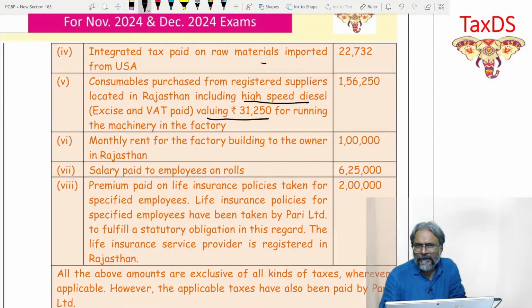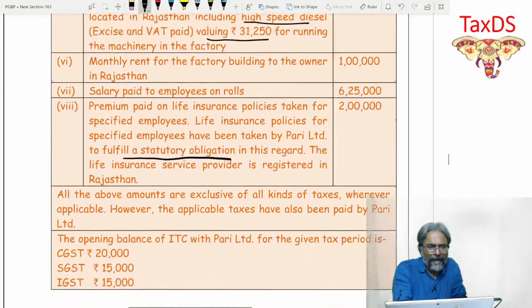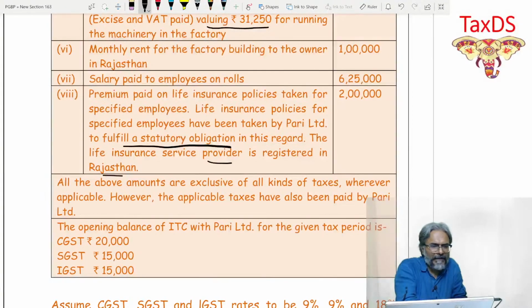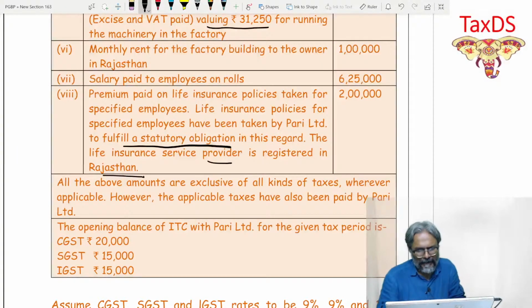There is no question of charge of GST, hence no credit can be taken. Premium paid on the life insurance policy taken on specified employees. This is to fulfill a statutory obligation. The life insurance provider is registered in Rajasthan, so CGST, SGST credit can be taken.